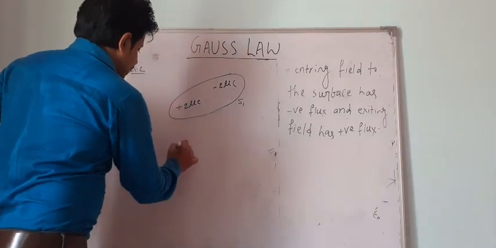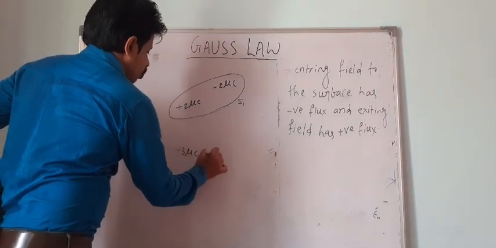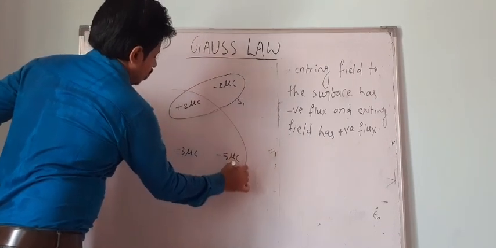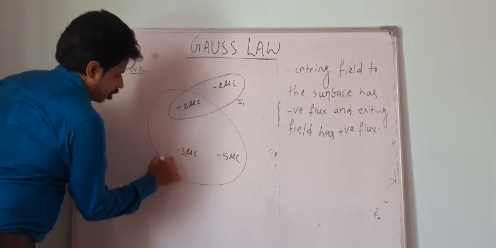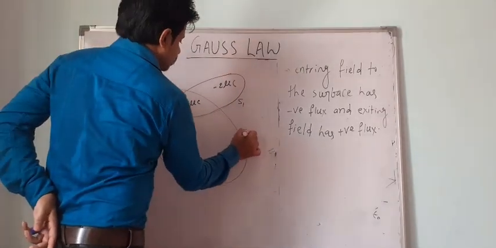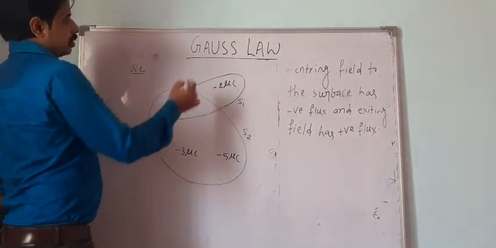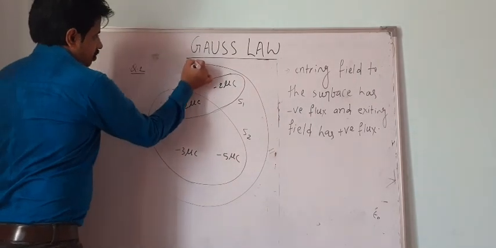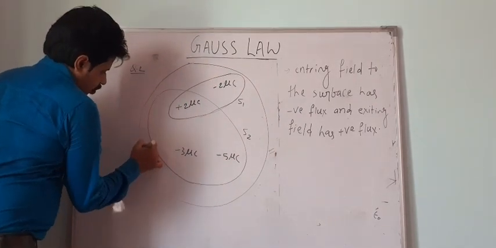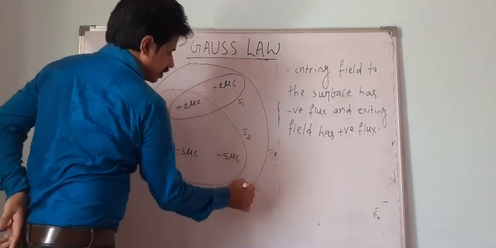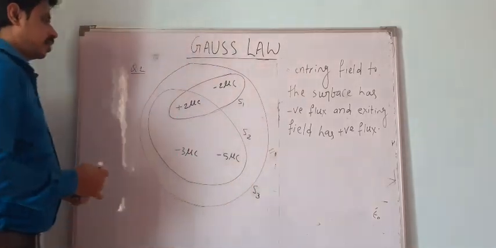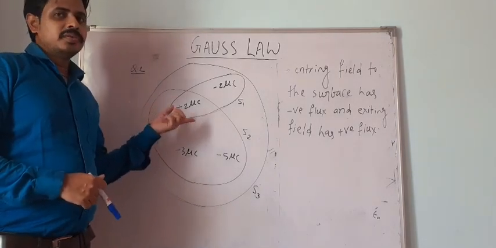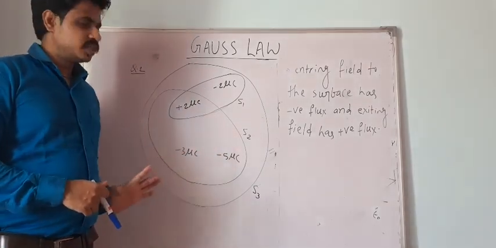I take some more charges, minus 3 microcoulomb and minus 5 microcoulomb, and enclose them under a surface S2, and also take a bigger surface, which encloses all these charges, and let the surface be S3. So now the question is, what will be the flux of electric field through all three surfaces S1, S2 and S3.